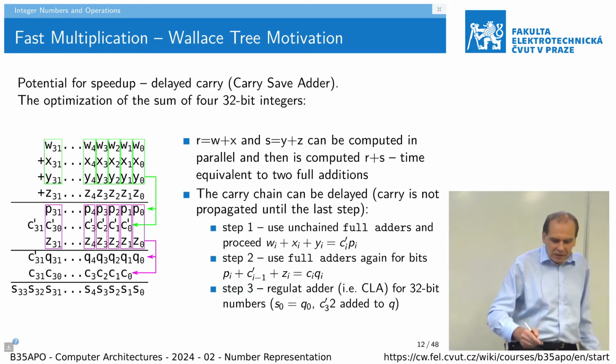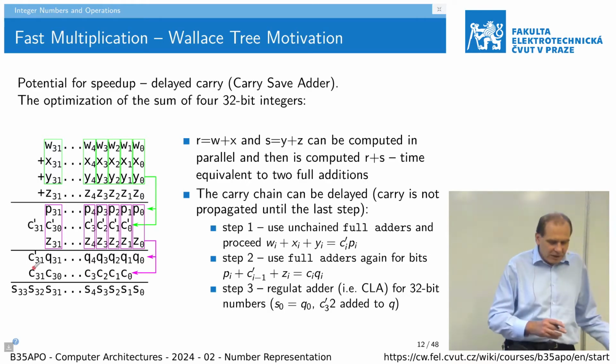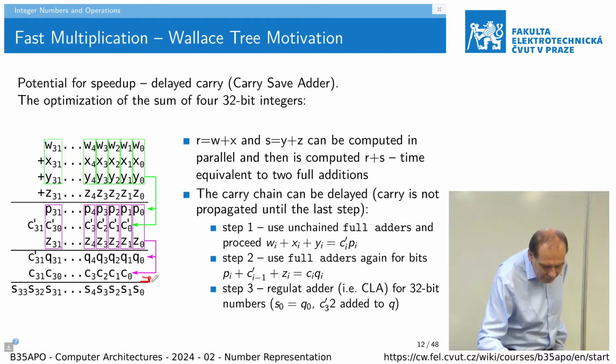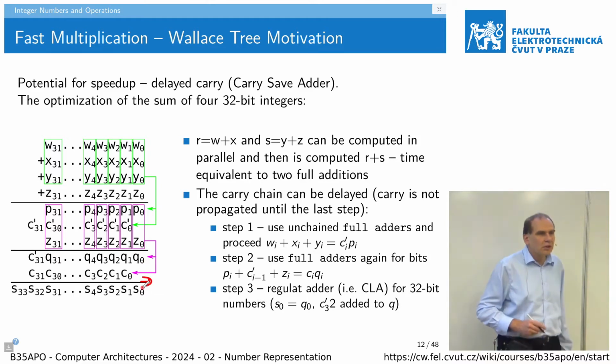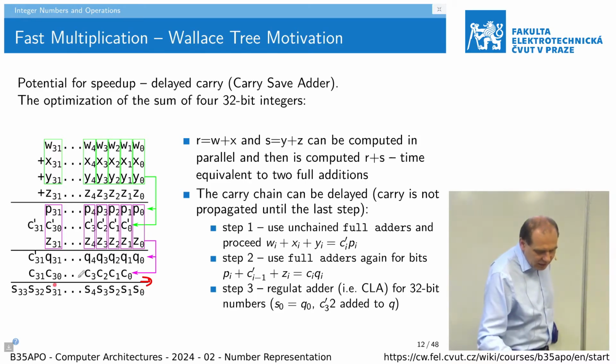Basically, we only note the result of the carry, but do not propagate inside the addition, and shift those carries by 1 bit to the left. And then at the final step, we need to do one full addition which propagates the carry.